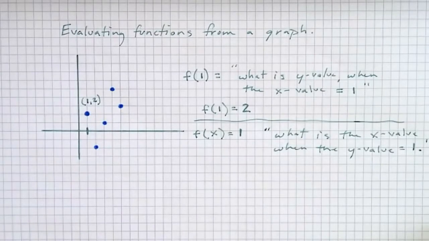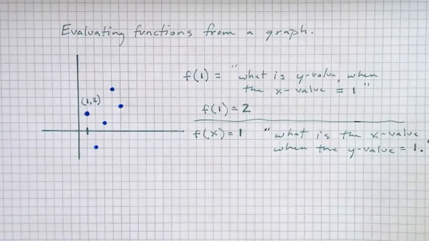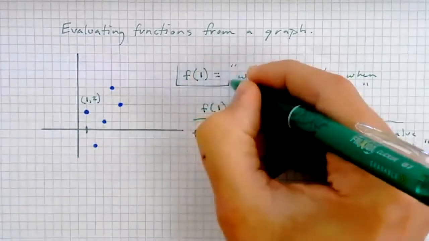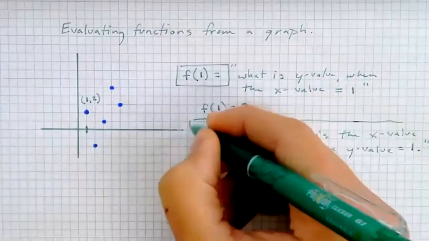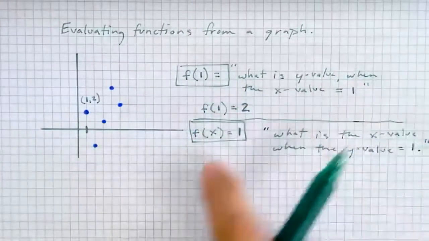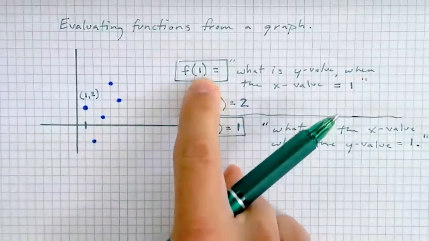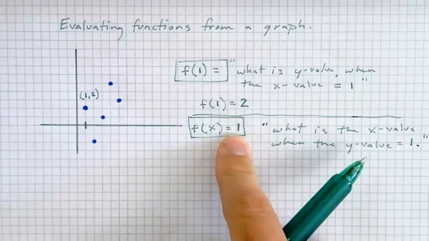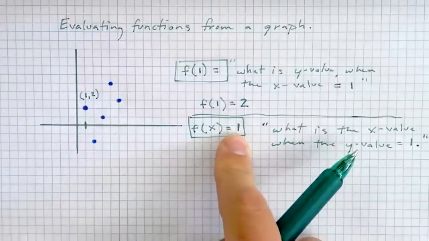Very similar to when we're dealing with equations. It's the same thing with graphs. Being able to recognize the two different types of questions, one where they give you the output and one where they're giving you the input. So here they're giving you the input of 1, which is your x value. Here they're giving you the output of 1, which is the y value.